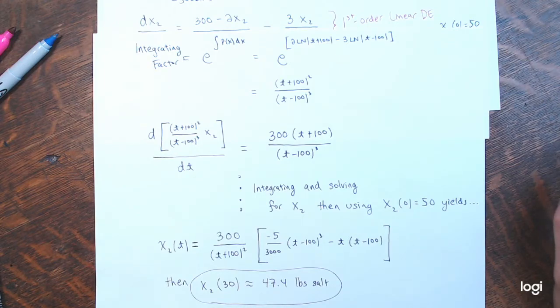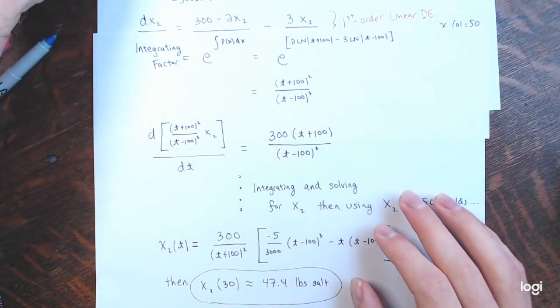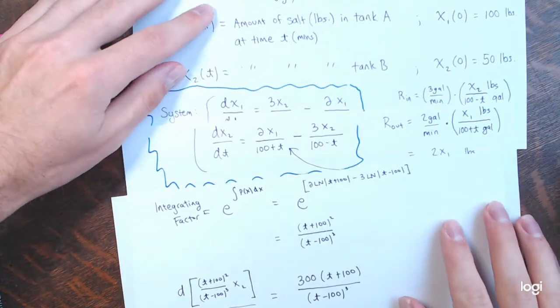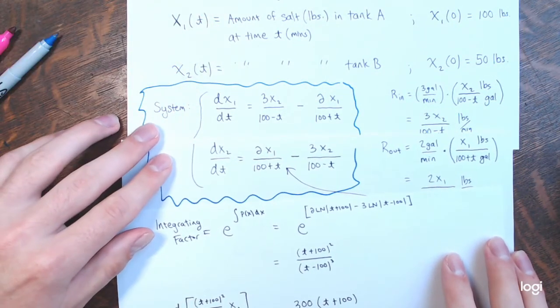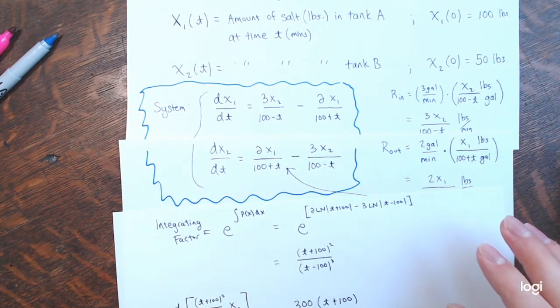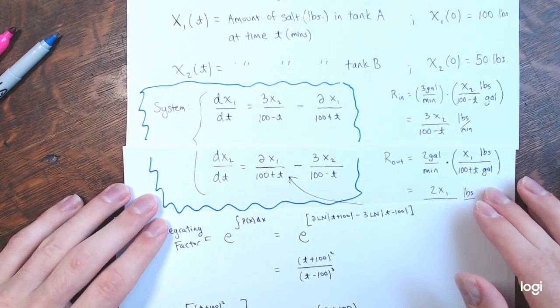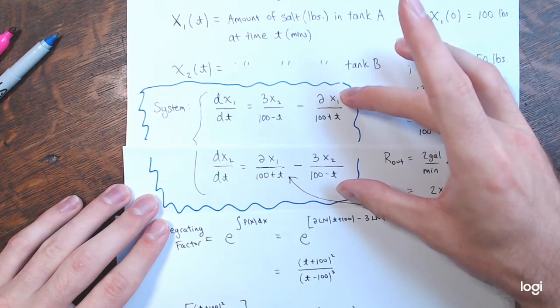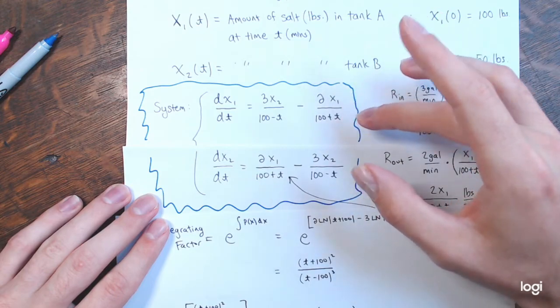That was a little more involved than I'd be expecting from most of you in this section. Like I said earlier, what I want mostly out of this section on modeling with systems is to actually write the system of equations that models this two tank closed system problem.